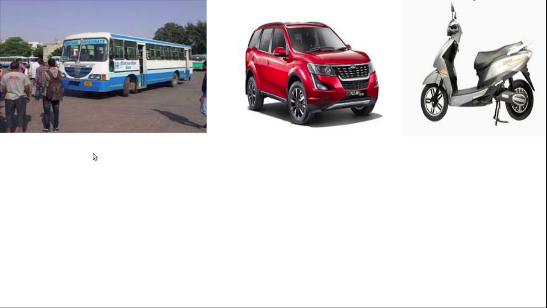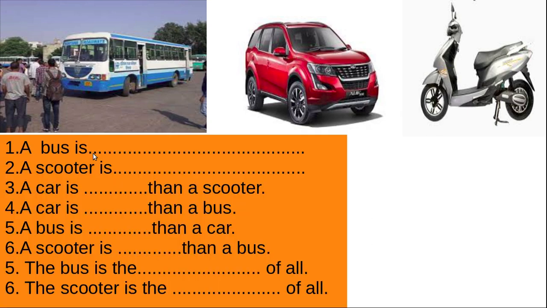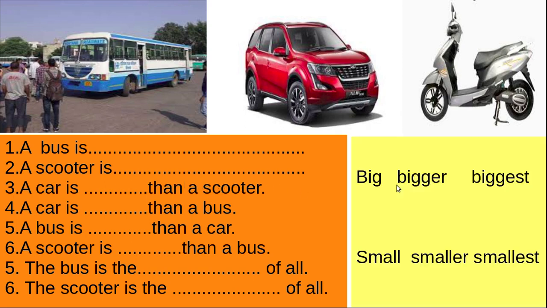Since this is the first time, I'll give you some hints. The bus is, you can use a positive degree, and scooter, you may write it first. Take some time and write it first. You may use these words: big, bigger, biggest; small, smaller, smallest.